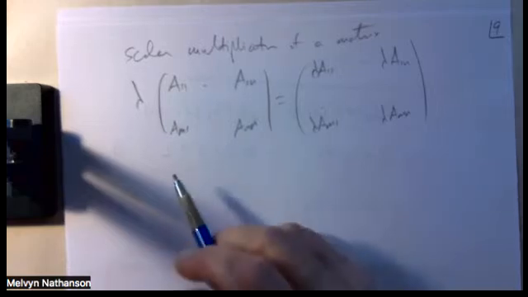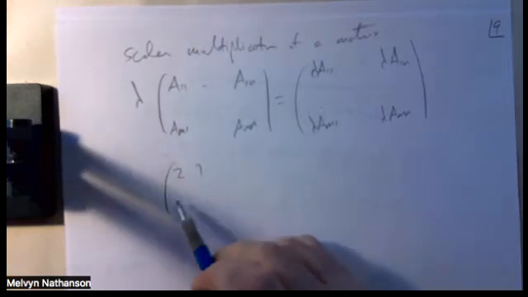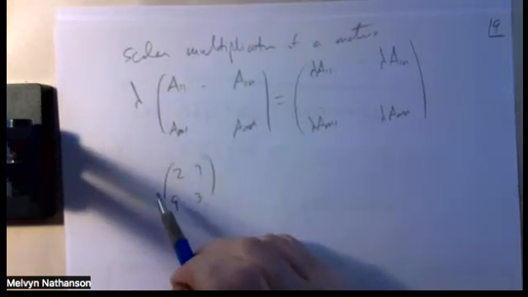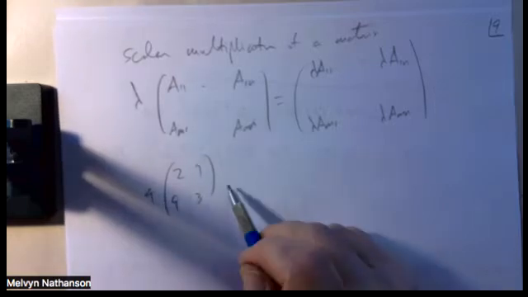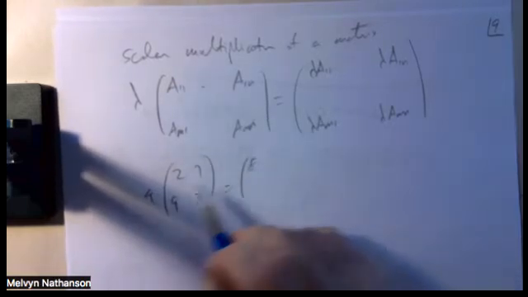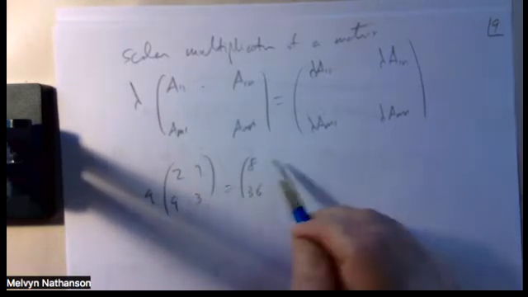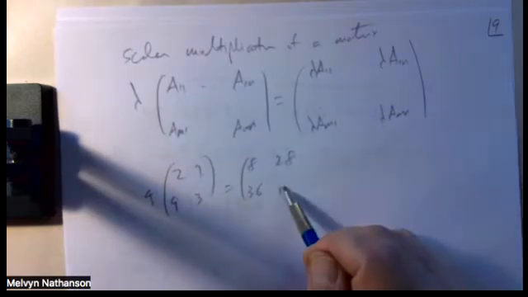So for example, you take the matrix 2 7 9 3 and multiply it by 4, you get 4 times 2, 4 times 9, 4 sevens, 4 threes.